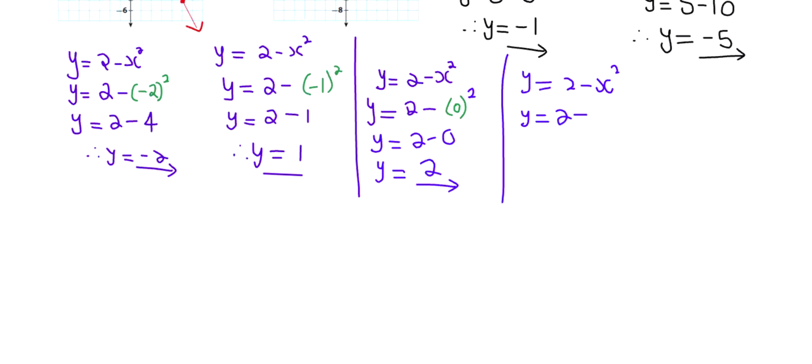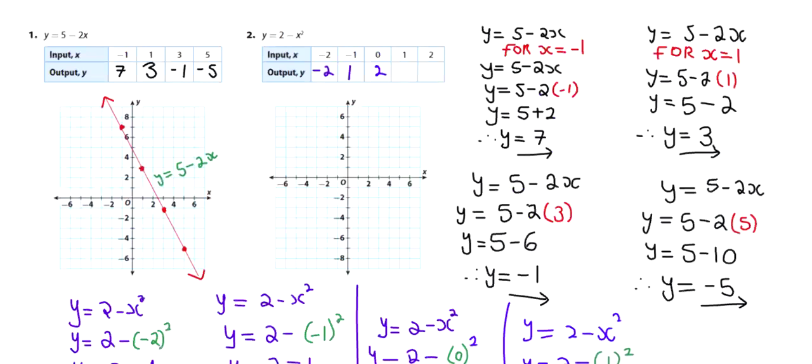As you continue to calculate, y equals 2 minus 1 squared, which is 1. Therefore, the value of y here is 1, because 2 minus 1 is 1. So here we're going to write 1.